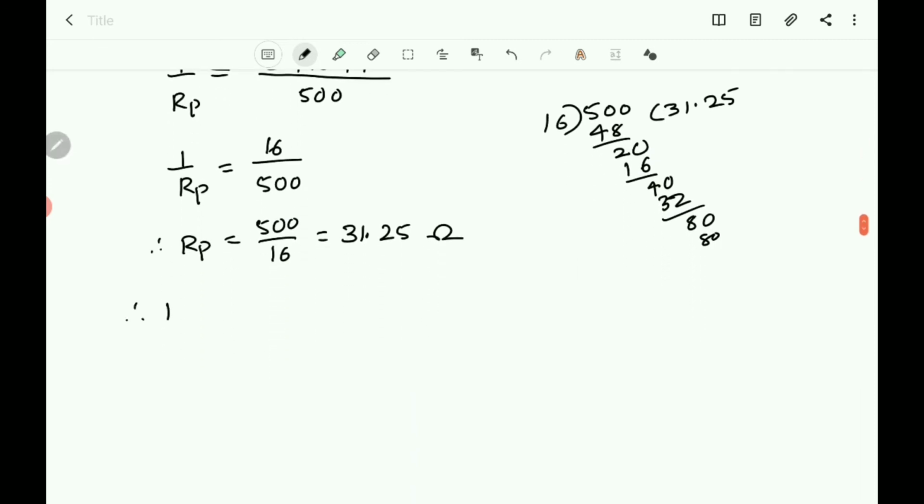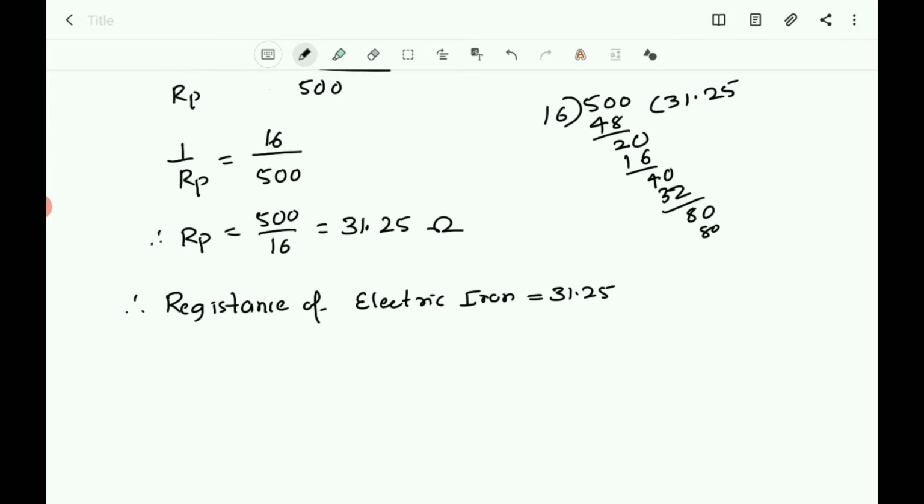Therefore, the resistance of the electric iron is equals to 31.25 ohm. So here the applied voltage is 220. So current we have to find out.